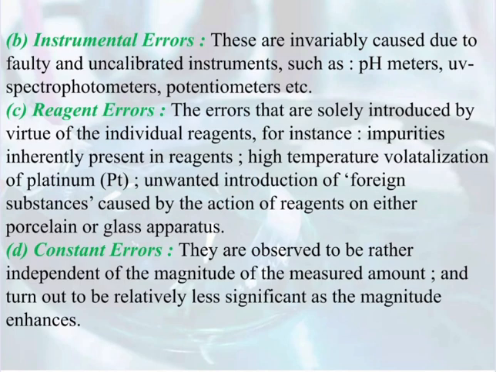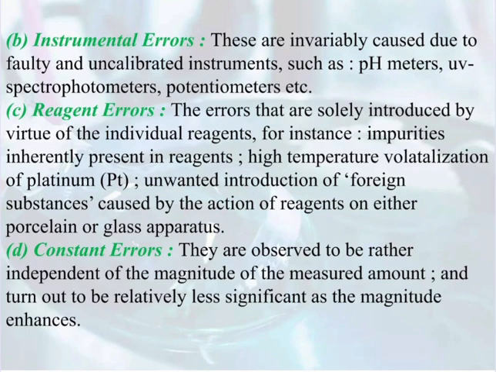These are invariably caused by faulty and uncalibrated instruments such as pH meters, UV spectrophotometers, potentiometers, etc. And the third one is reagent errors. These are errors solely introduced by virtue of the individual reagents. For example, impurities inherently present in reagents, high temperature volatilization of platinum, unwanted introduction of foreign substances caused by the action of reagents on either porcelain or glass apparatus.